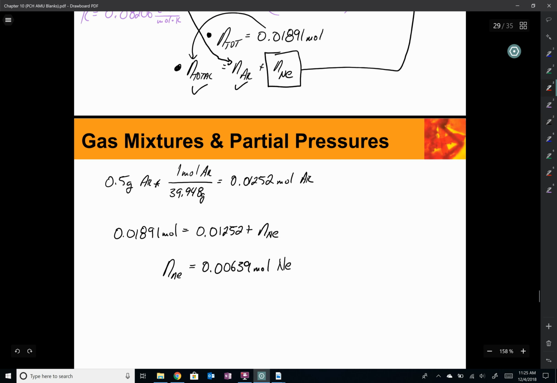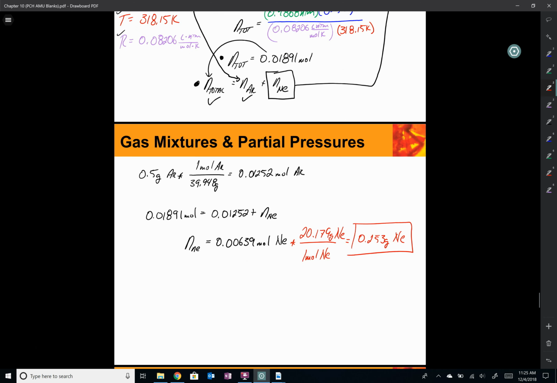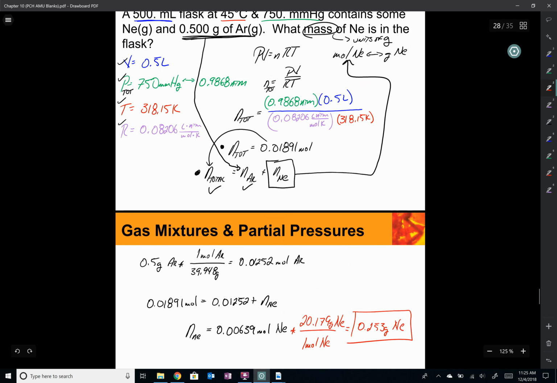Okay? And then we finally take moles of neon into grams of neon. So for every 1 mole of neon, we have 20.179 grams of neon. 0.253 grams. All right, let me zoom out so we can catch all this together here.